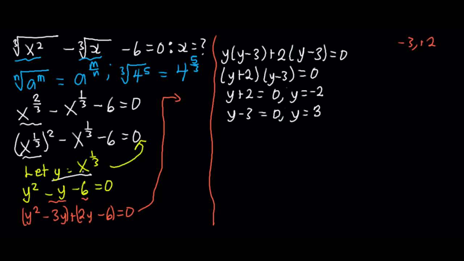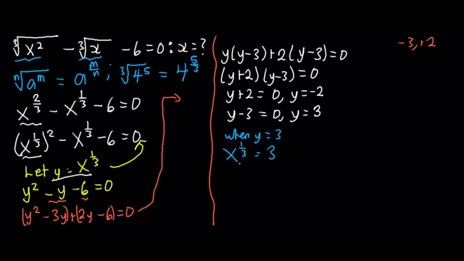So we are going to equate x exponent 1 on 3 to the two values of y and solve for the value of x. So when y is equal to 3, x exponent 1 on 3 becomes equal to 3.